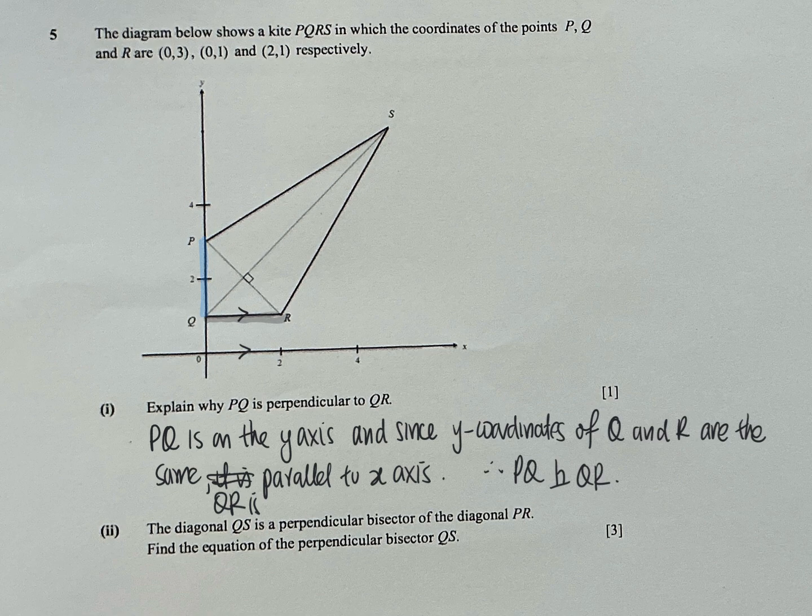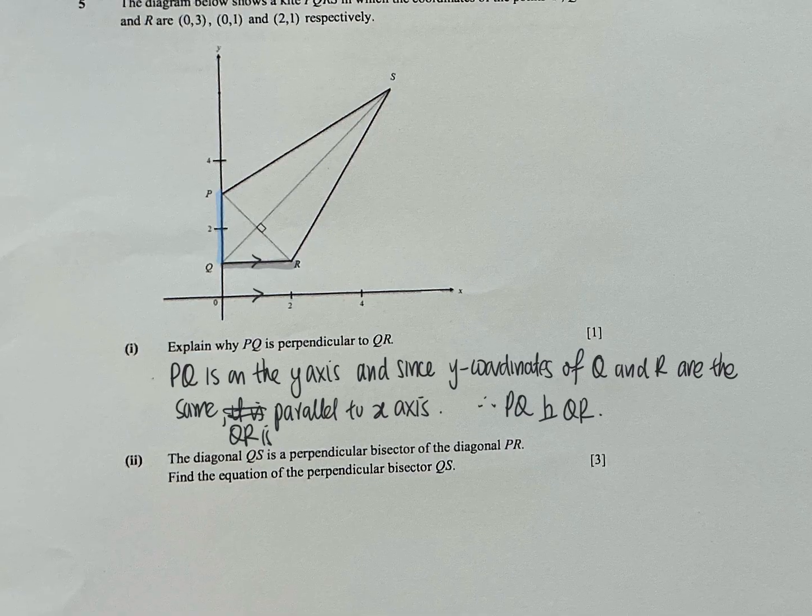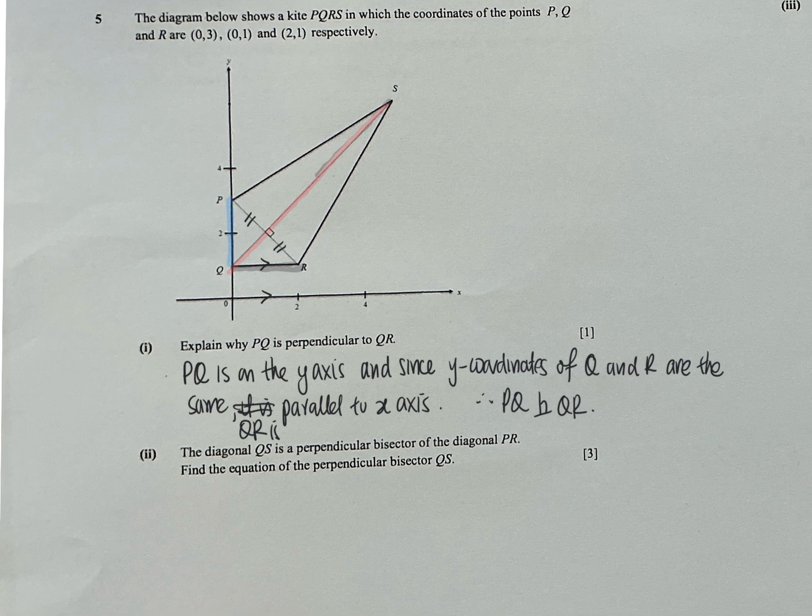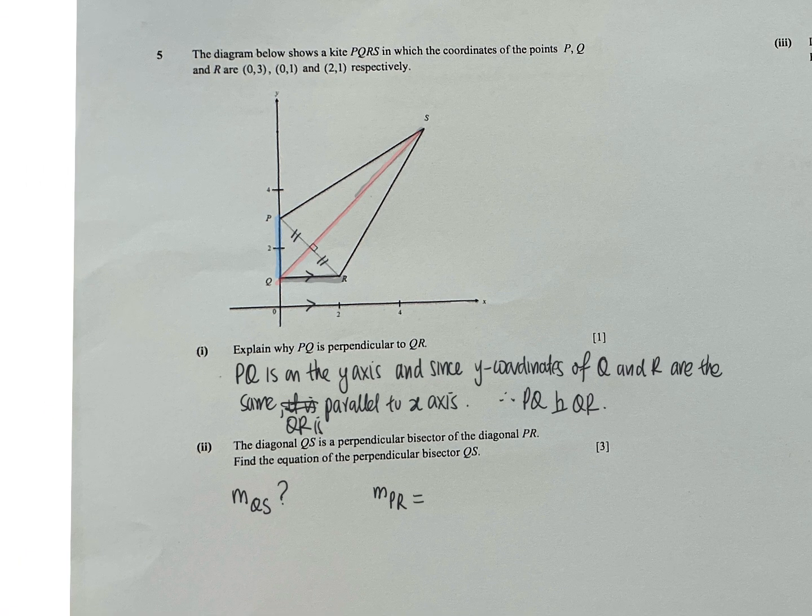Can. Okay, next one. They say the diagonal QS, this one, is a perpendicular bisector of this PR. That means it cuts it into half. So first thing first, if I need to find the equation of QS, I need the gradient of QS. So what is the gradient of QS? I need to first find gradient of PR. So I put in the coordinate, P is 0, 3.